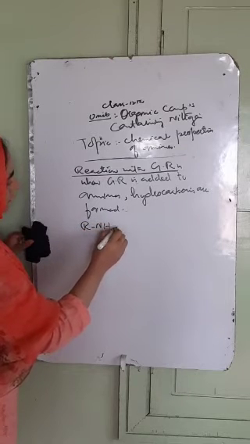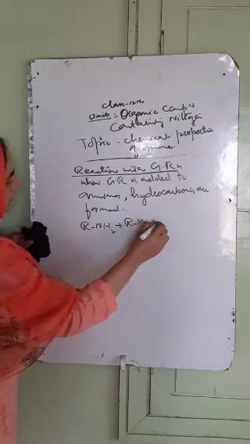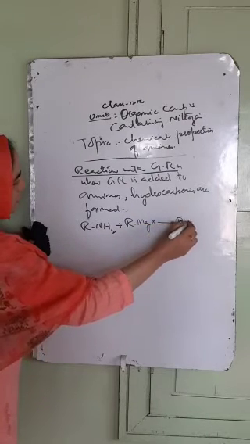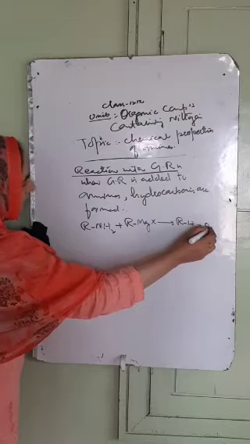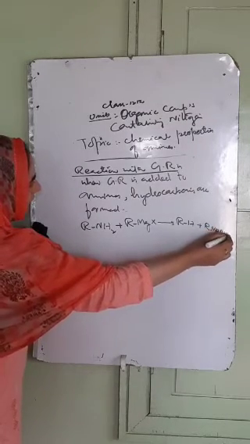So here you have RNH2 reacting with Grignard's reagent RMgX, and it gives me RH plus RNHMgX.